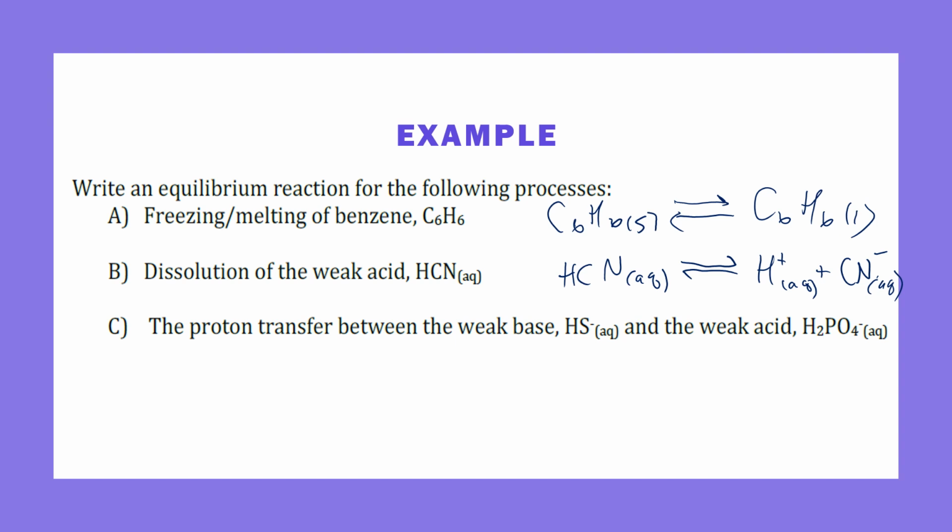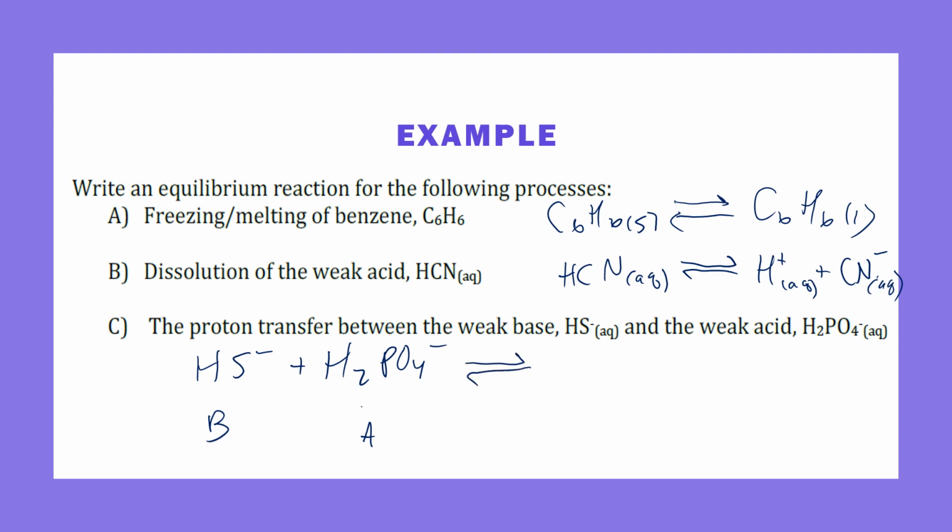And then for part C, the proton transfer between the weak base HS negative and the weak acid H2PO4 negative. So this is acting as a base, this one's acting as an acid. This is kind of a review from Unit 4 with acid-base reactions and conjugate pairs. And it's saying there's a proton transfer.